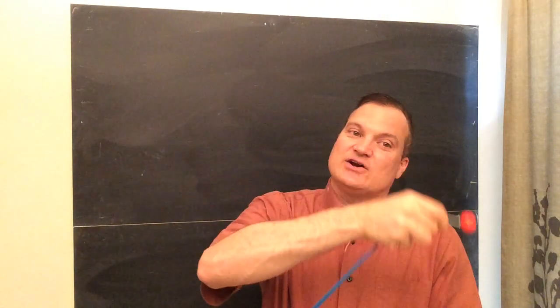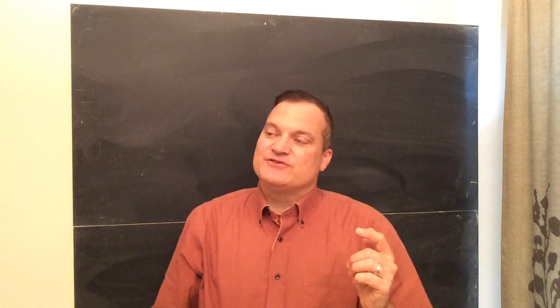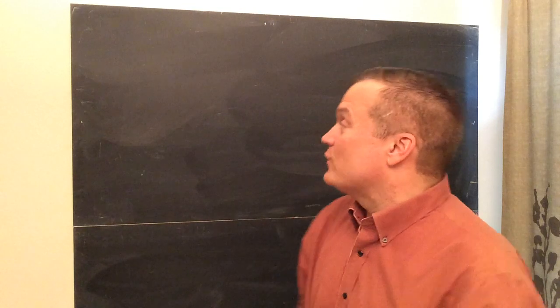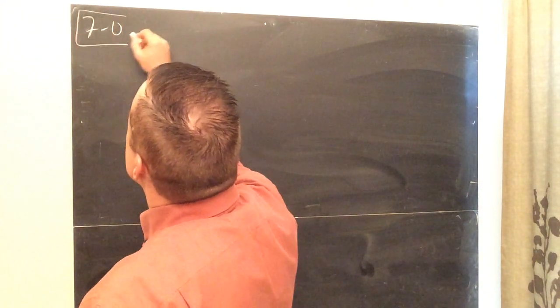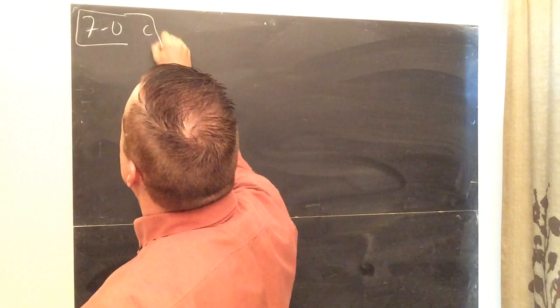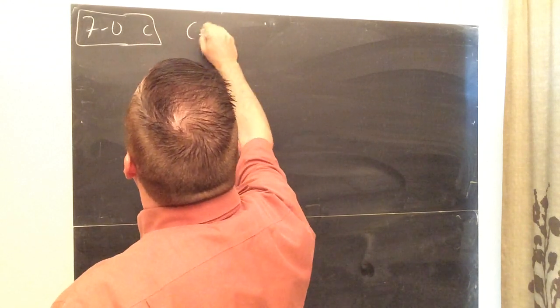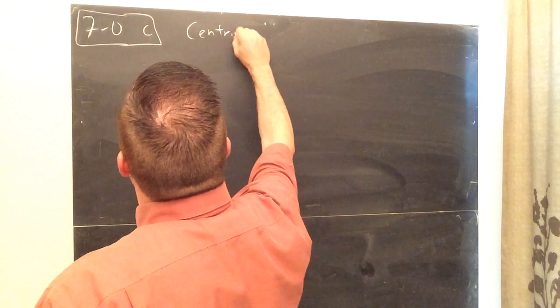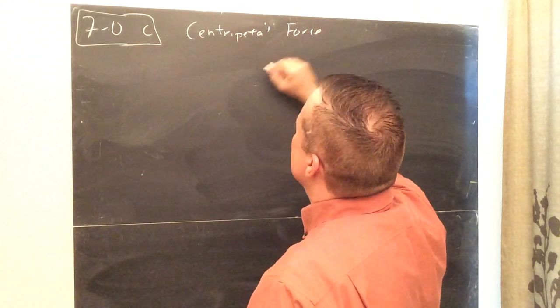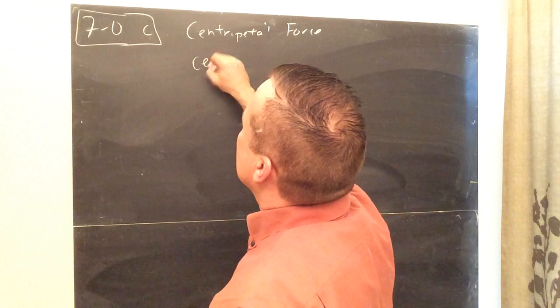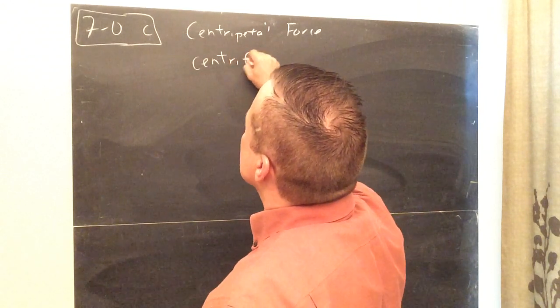So the only way it can curve is if there's a force acting on it. I know the last lesson I did 7.0 A and B kind of together. So it's called centripetal force.